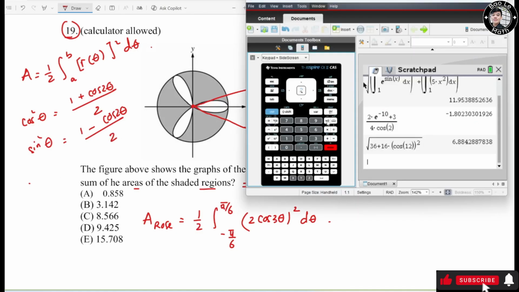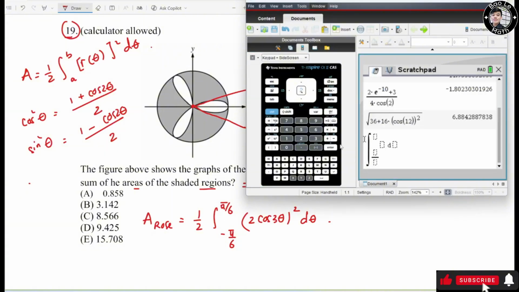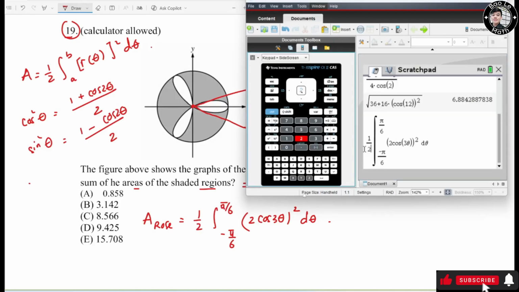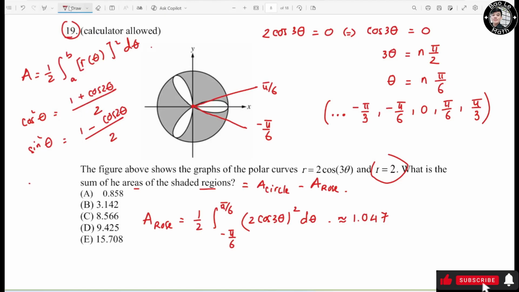Now I'm going to hit the button right here, input the interval from negative pi over 6 to pi over 6, and then press Ctrl Enter. It's going to be 1.047. Now since this one is just the area of one petal, right? We have 3 petals, so we need to multiply by 3, right?